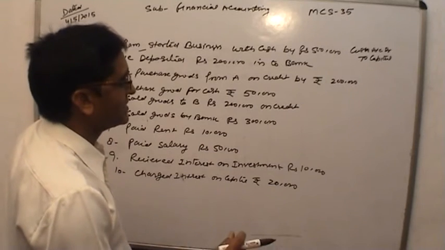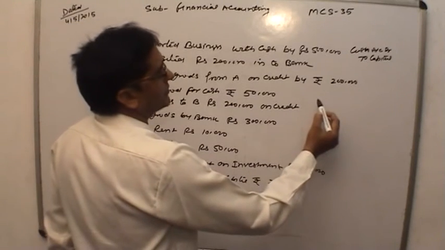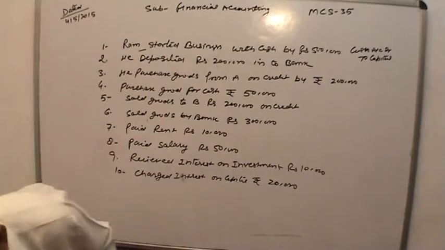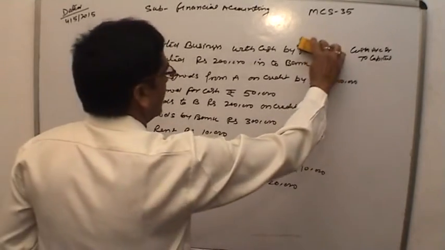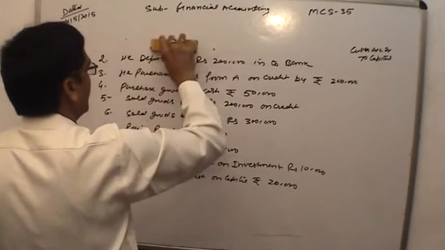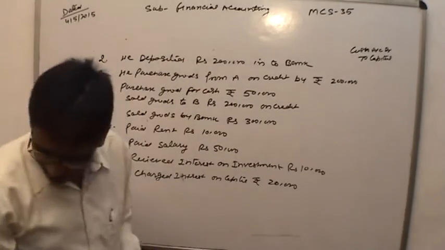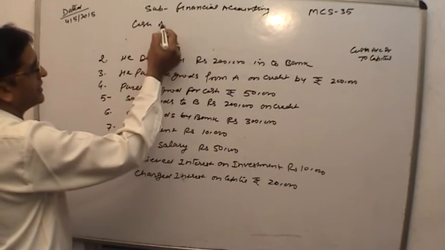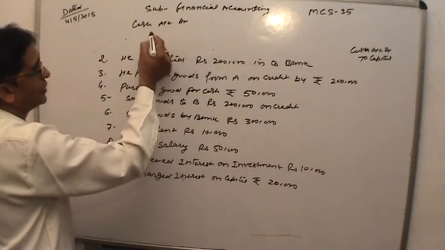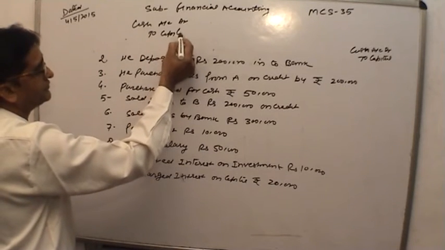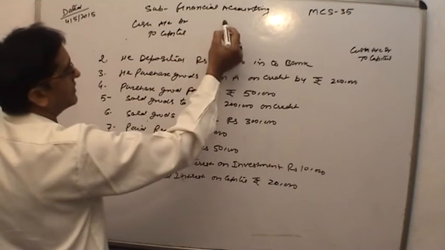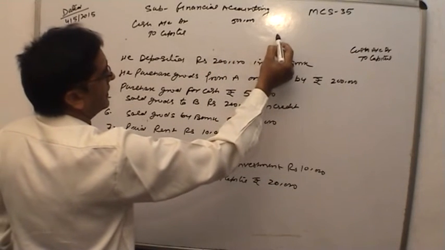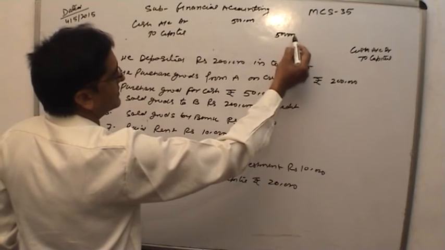So we can generalize this transaction as: first is cash account debit to capital by rupees 5 lakh and in credit 5 lakhs.